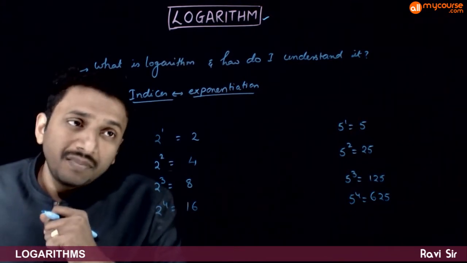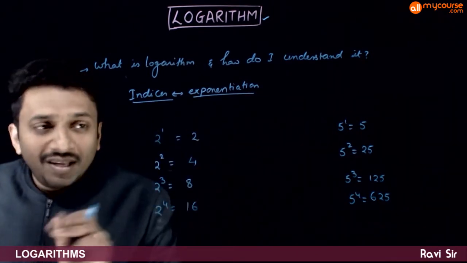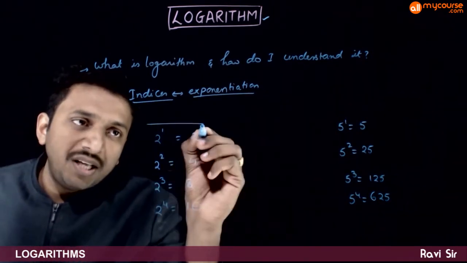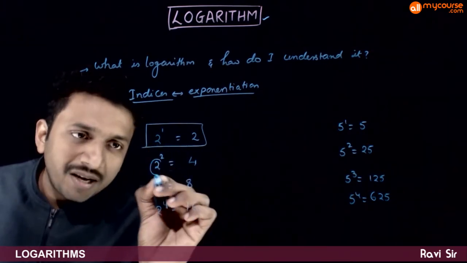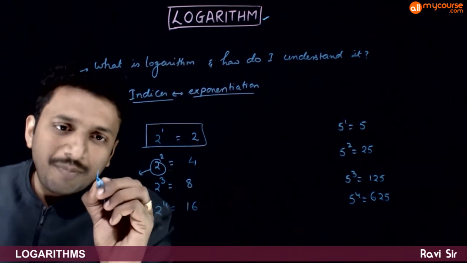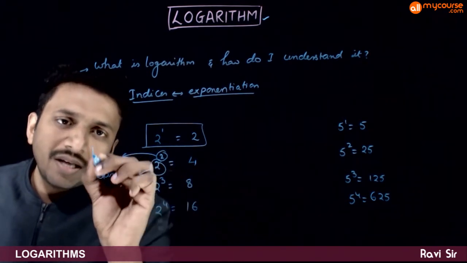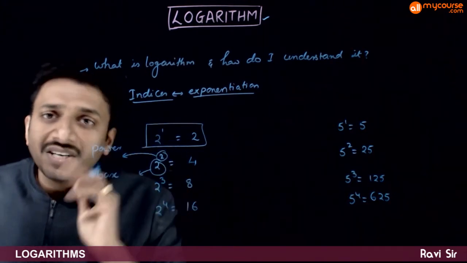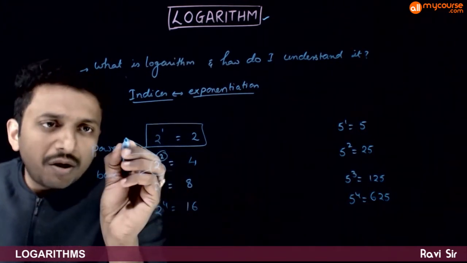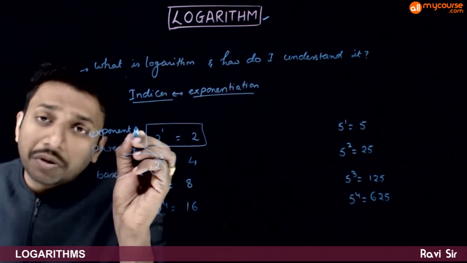Now, these are some equations in exponential form. And in this exponential equation, we have some terms. This number is called the base. And this number is called the power, right? So we raise a base to a certain power. Or this can also be called exponent. Same, so also called exponent.